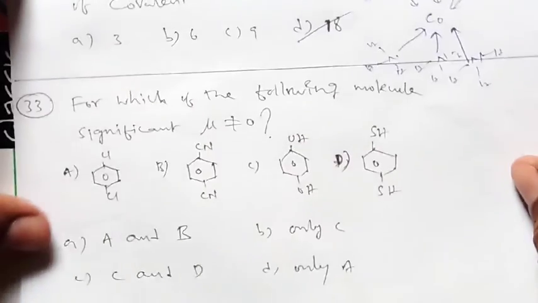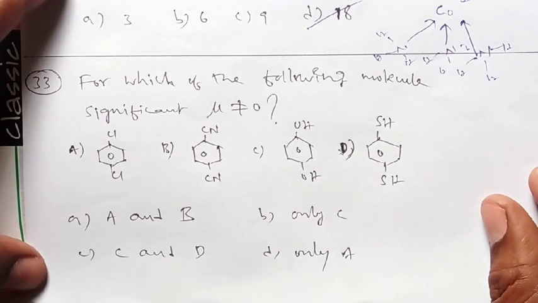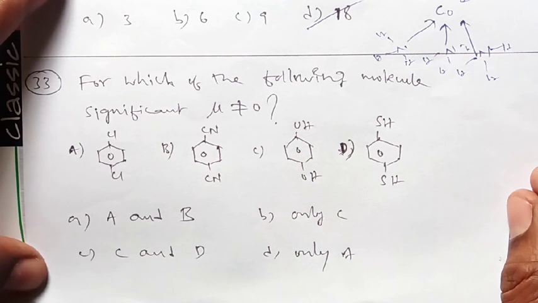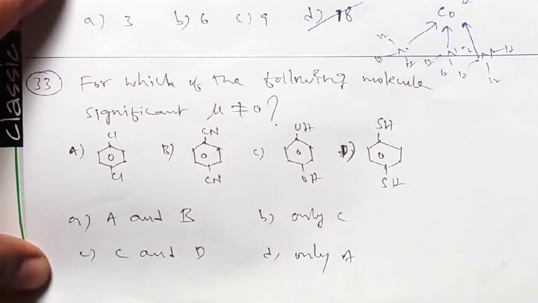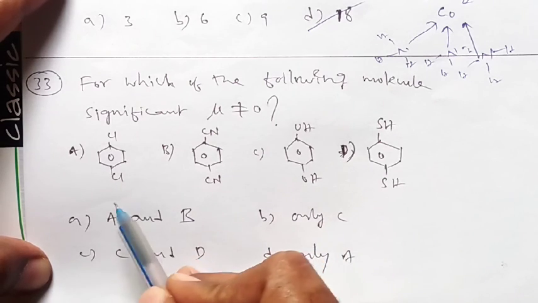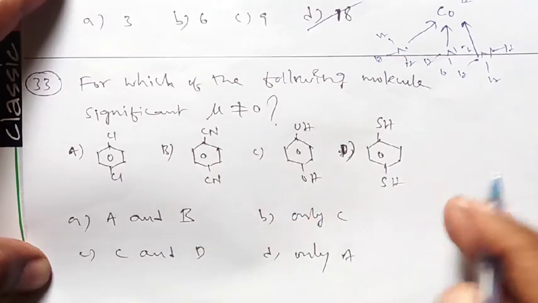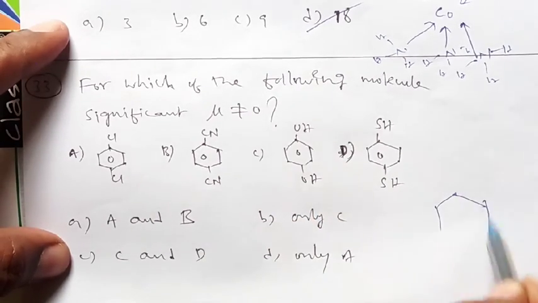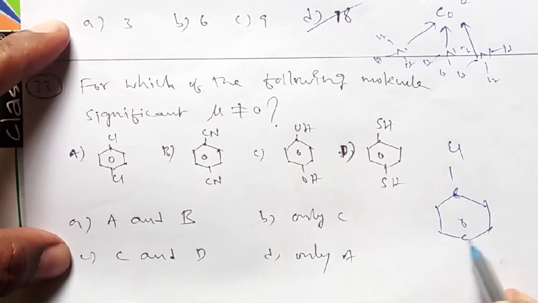Now look at the next question. This is also one of the important models. For which of the following molecules is mu not equal to 0? That means dipole moment not equal to 0. If you observe the first molecule, benzene ring with chlorine and chlorine, this is carbon, chlorine, this is carbon, chlorine.